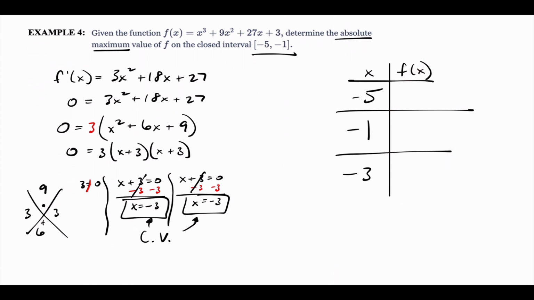So this is where it veers off a little bit. We're not doing first derivative tests. We only do first derivative tests for increasing, decreasing, relative maximum, minimum. This one, we're plugging them into the original. So I'm going to plug in -5 into the original. Okay, so -5 cubed plus 9 times -5 squared plus 27 times -5 plus 3.